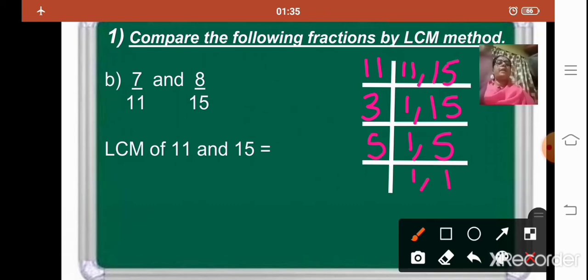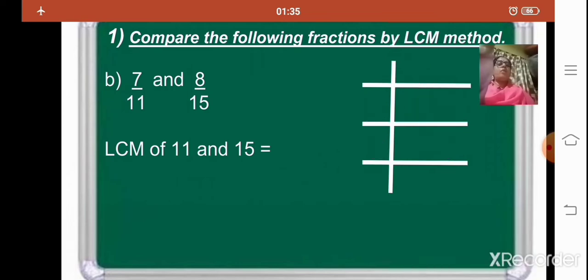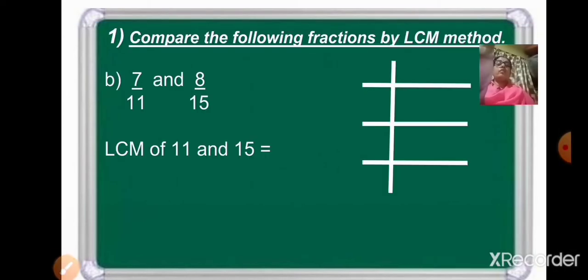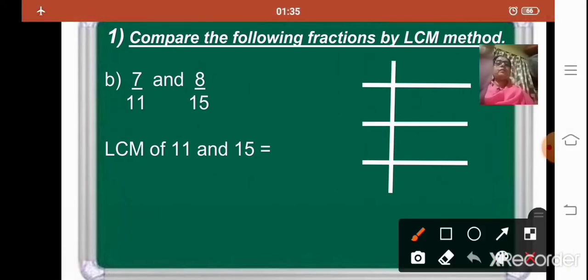Now just multiply all the three numbers to find the LCM of 11 and 15. 11 3s is 33. 33 into 5 is 165. So your LCM of 11 and 15 is 165.